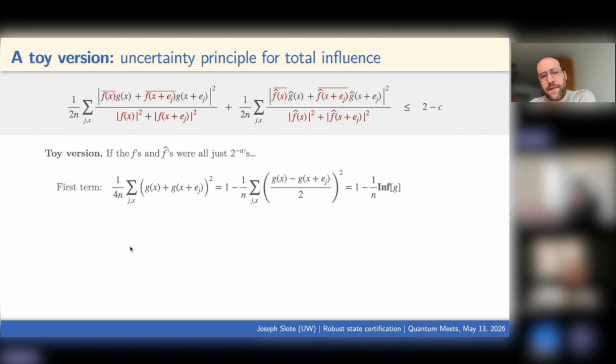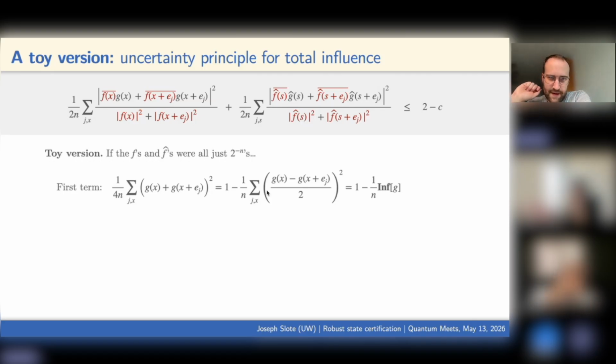And the first term becomes something very familiar if you've studied the analysis of Boolean functions. It becomes 1 over 4 times n times the average of the values at each edge squared. And if you do some rearrangement, it becomes 1 minus 1 over n times the average difference between things on either edge. This is exactly the influence of a Boolean function.